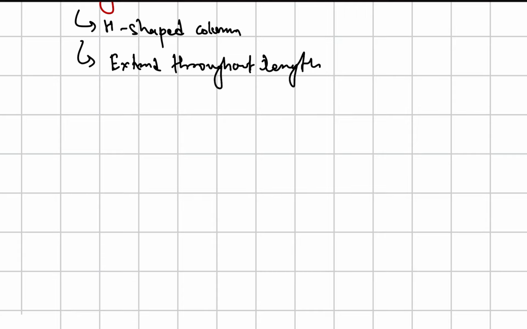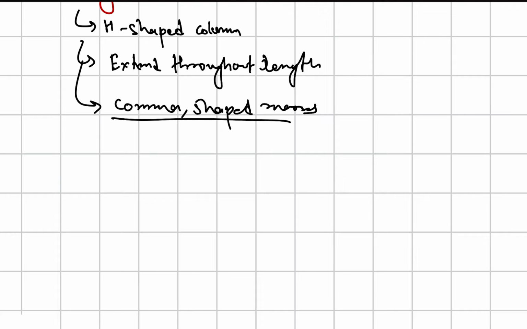And it is divided into symmetrical left and right comma-shaped masses that are joined by the transverse gray commissure.